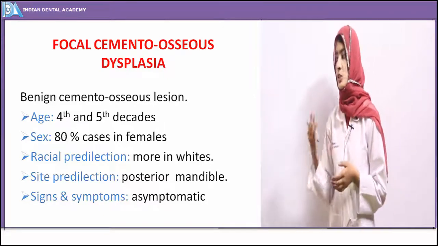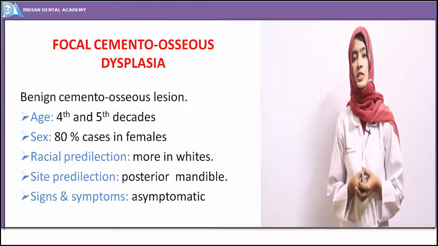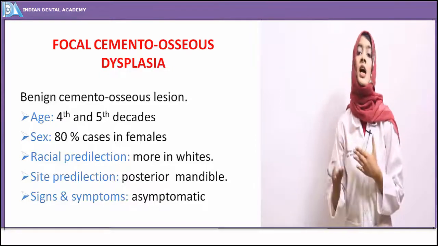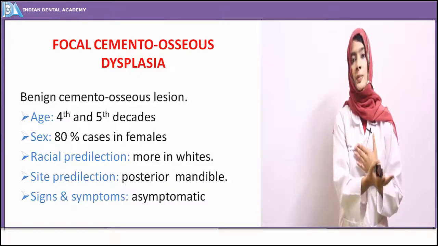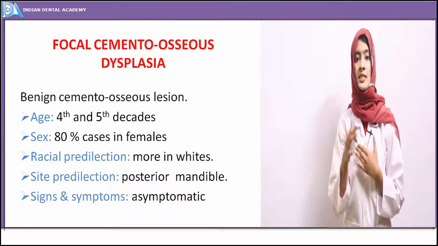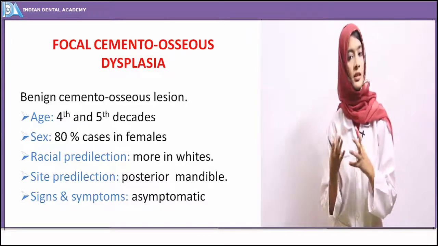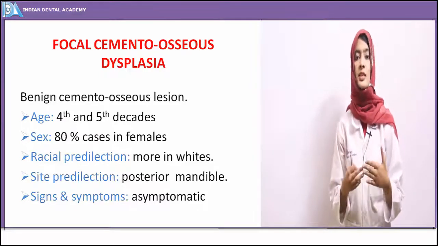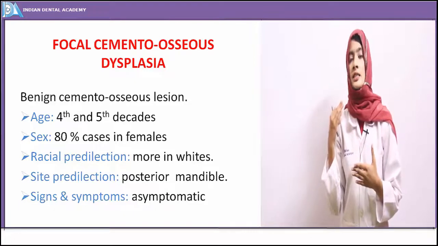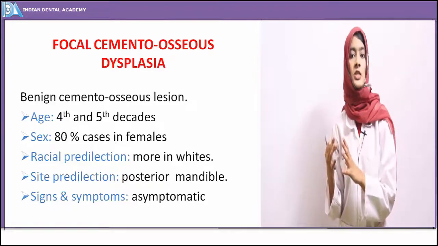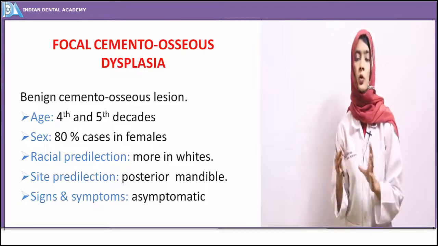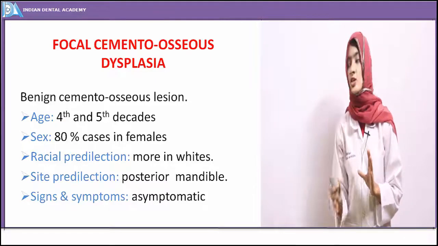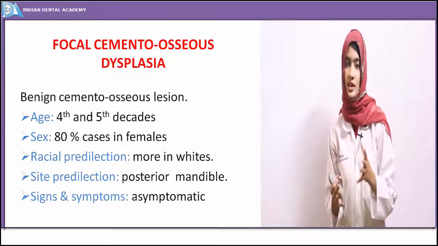Focal cemento-osseous dysplasia is a benign lesion, and compared to the periapical dysplasia, it has a tendency for occurring more commonly in white people. About 70 to 80% of cases are seen in white people, in middle-aged or older individuals around the 4th to 5th decade, and they also have a marked predilection for occurrence in females.